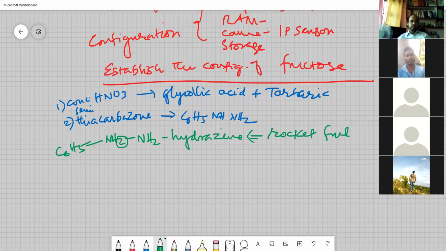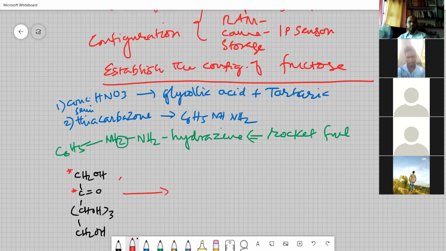Here it is: CH2OH, then CHOH three times, and then CH2. The vulnerable, that is reactive, parts are this one and this one. Now you put C6H5NHNH2.